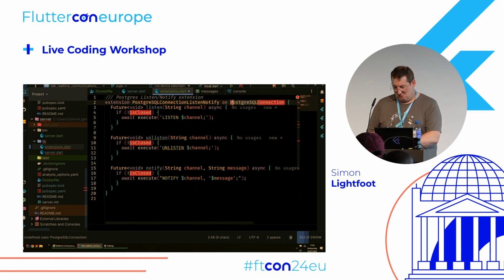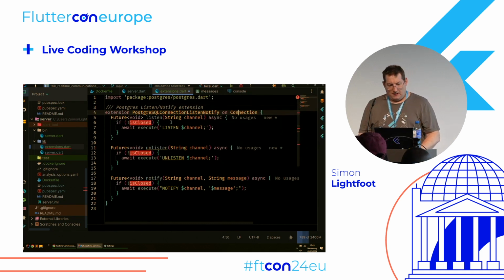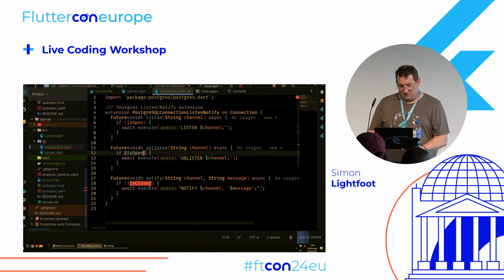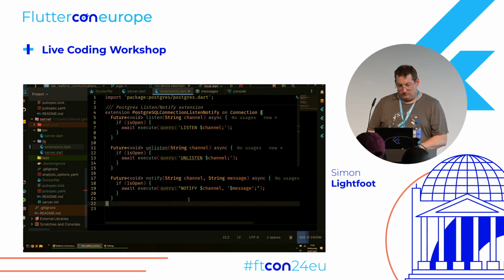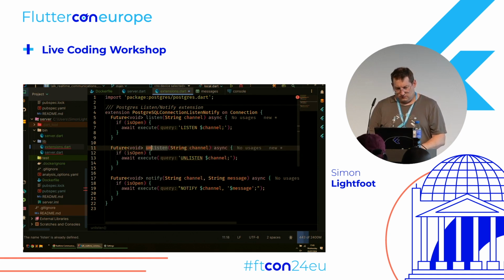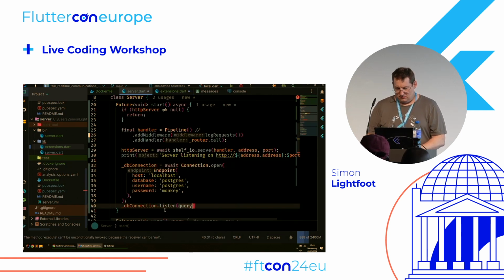There's a difference between version 2 and version 3 of the Postgres library. I know it's open. All right, it's open. So we were saying we want to listen to the event channel, I think I called it.